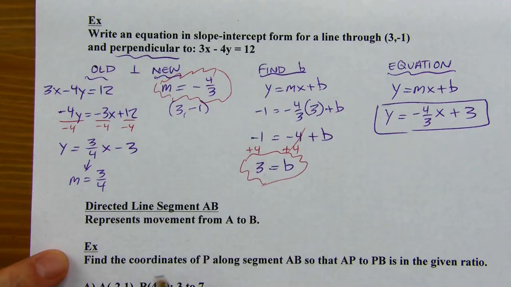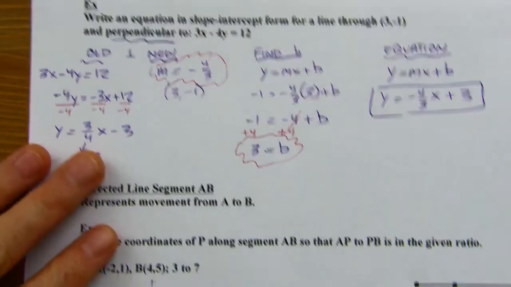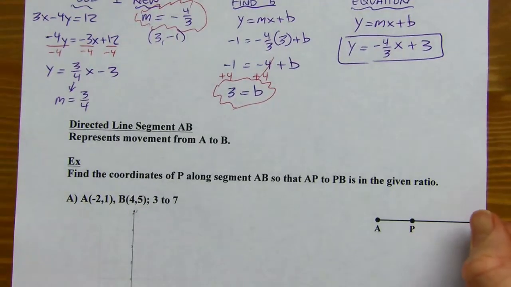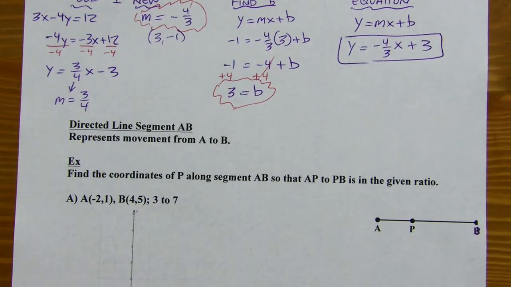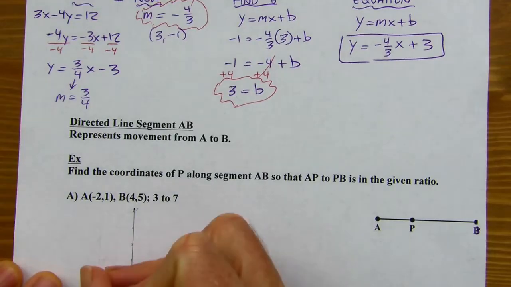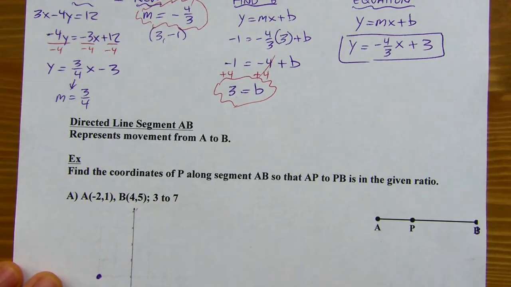We're going to find the coordinates of point P along segment AB so that AP to PB is in the given ratio. This got cut off on my printer, but that's supposed to be point B there. We're given the coordinates of these 2 points, so I'm going to plot my line segment just to get a visualization.